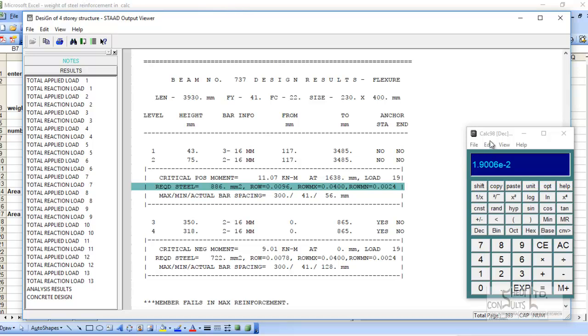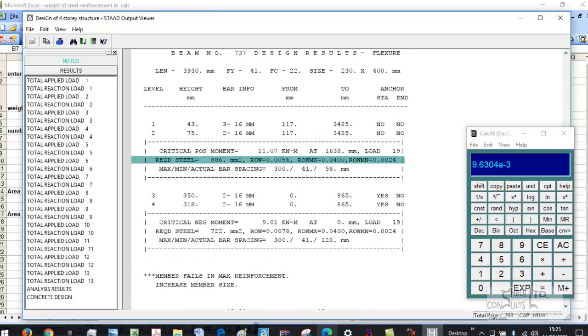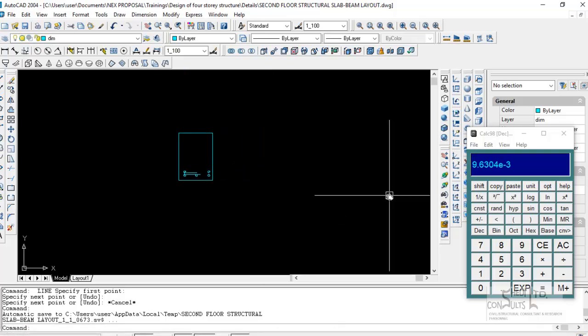Now if you look at what the code says, this is the AS required from design. This is the percentage area of reinforcement in the concrete. Remember, the code states that the minimum AS required is 0.13% BH.